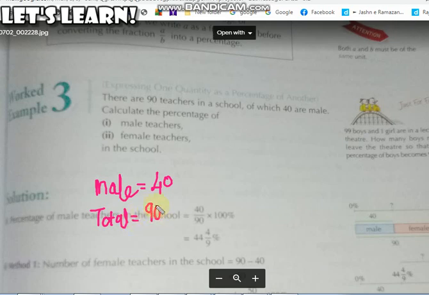I want to change this into percentage. So percentage, I'm going to put a shortcut over here. So 40, that is the number of male teachers, divided by the 90, that is the total number of teachers, multiplied by 100%. That is because I want to change my answer into a percentage, right?